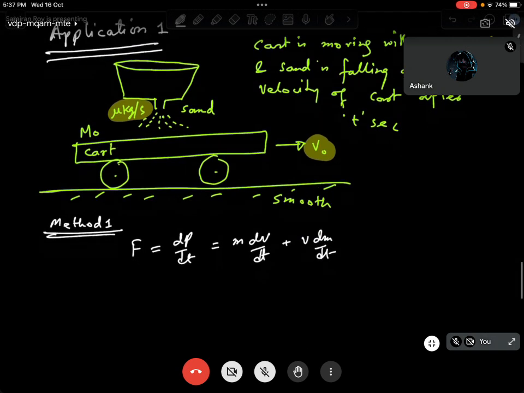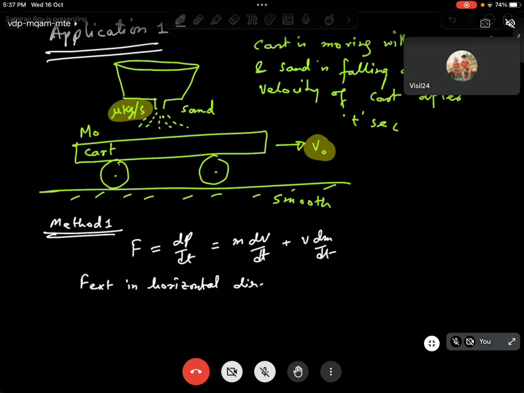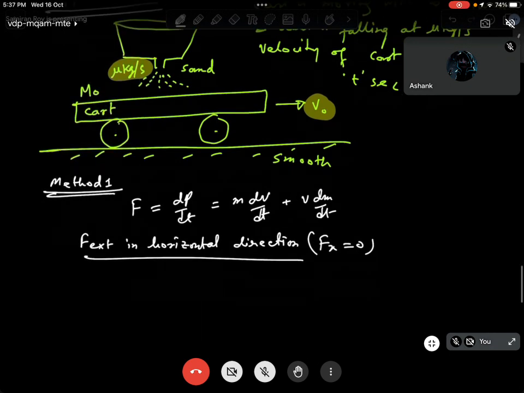What is F external? The external force in the horizontal direction. So Fx equals 0. In the horizontal direction there is no force, so I'll write 0 equals m dv by dt plus v into dm by dt.